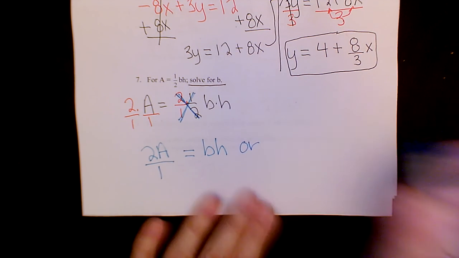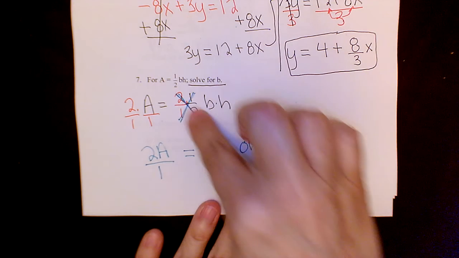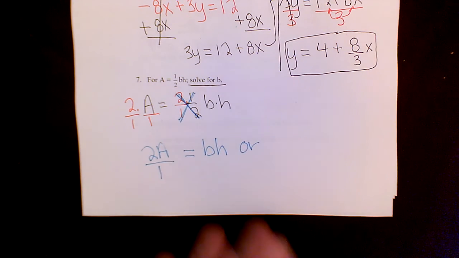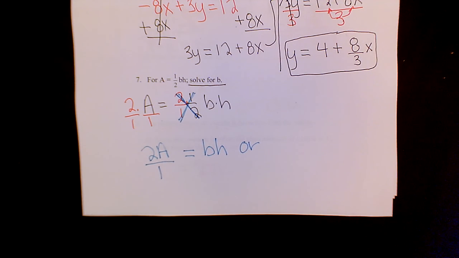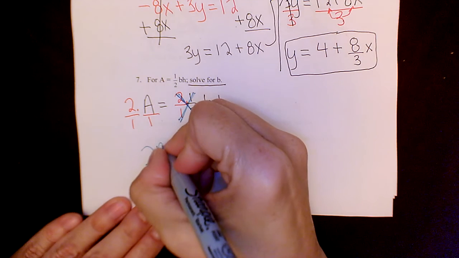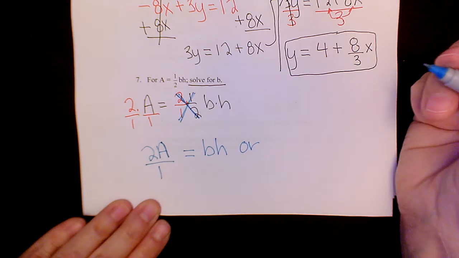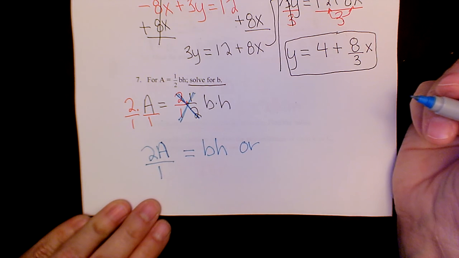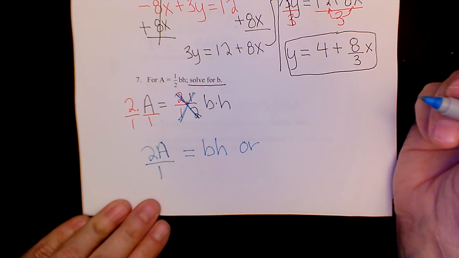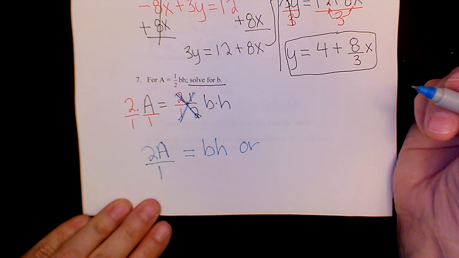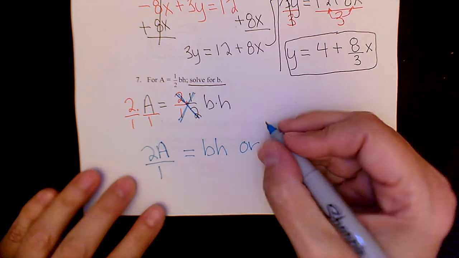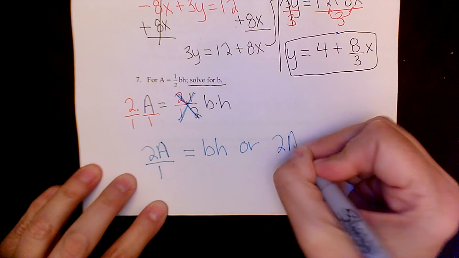Are we good with that? These canceled out and I multiplied those two fractions straight across. Now what's another name for 2a over 1? In math, what can we call that? What if we had 2 over 1 or 5 over 1? It would just be 5. So 2a over 1 is just 2a.